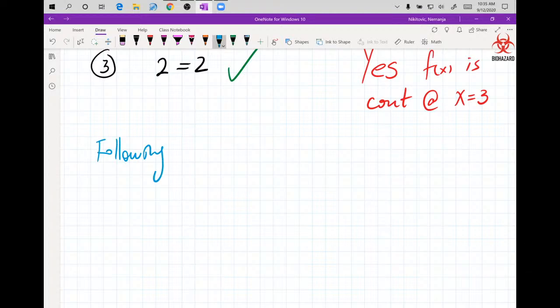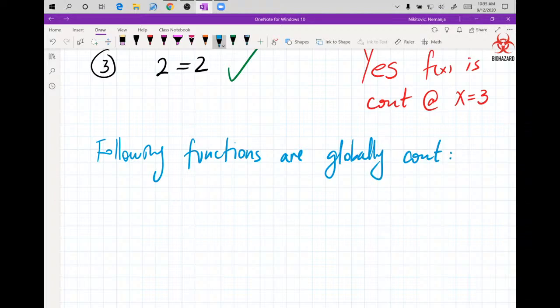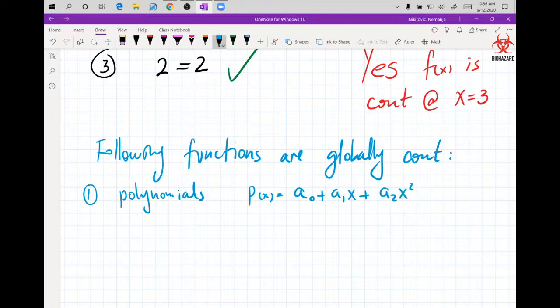The following functions are globally continuous. Polynomials, meaning p of x equals a0 plus a1x plus a2x squared plus ... plus anx to the n.